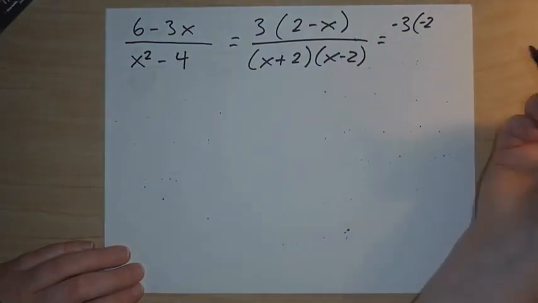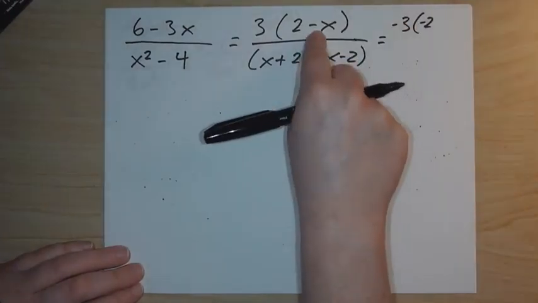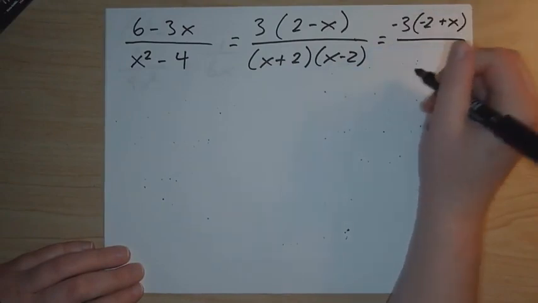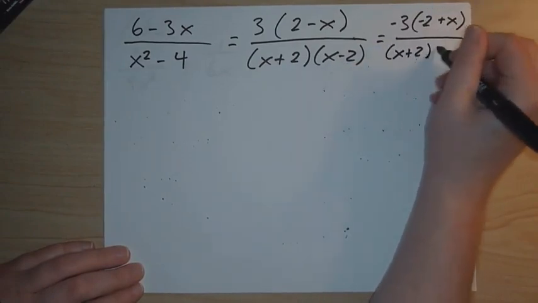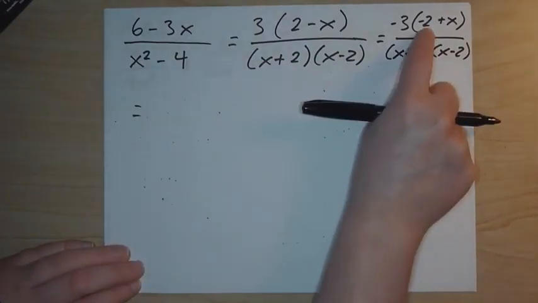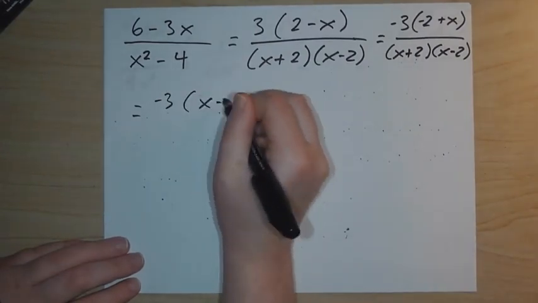If you think about it, negative 1 times negative 2 is positive 2. Factoring out negative 1 from negative x is positive x. Over x plus 2, x minus 2, moving down. And we can rewrite negative 2 plus x as x minus 2.